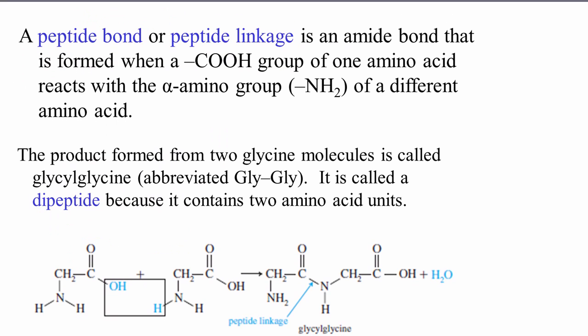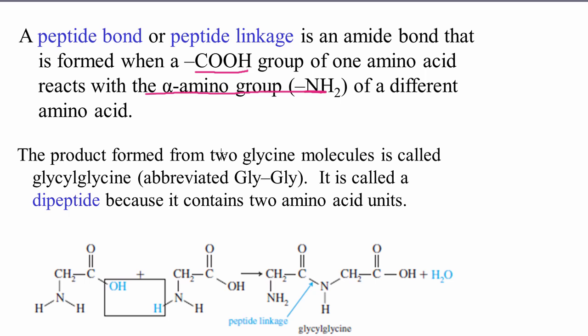So let's talk a little bit about peptide bonds, or peptide linkages as they're called. These are amide bonds. What will happen is a carboxyl group of one amino acid reacts with the alpha amino group, the NH2 group, of a different amino acid.